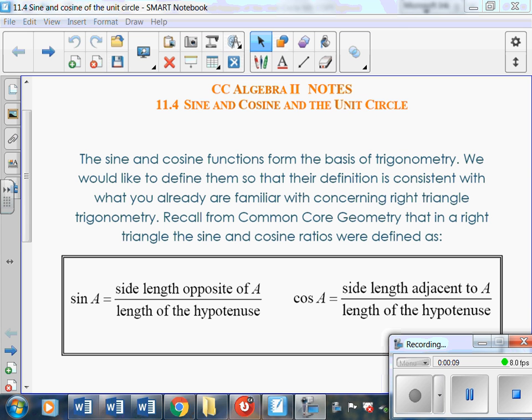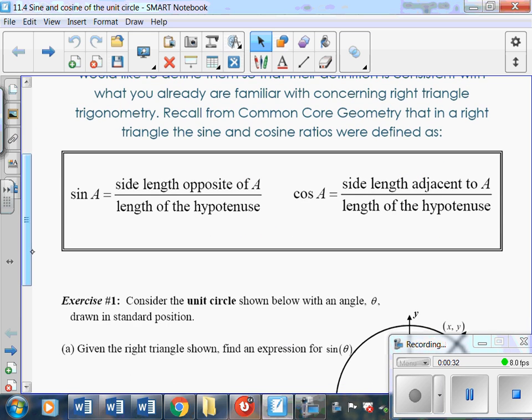So the sine and cosine functions form the basis of trigonometry. We would like to define them so that their definition is consistent with what you already are familiar with concerning right triangle trigonometry. Recall from Common Core geometry that in a right triangle, the sine and cosine ratios were defined as the sine of A is the opposite over the hypotenuse.